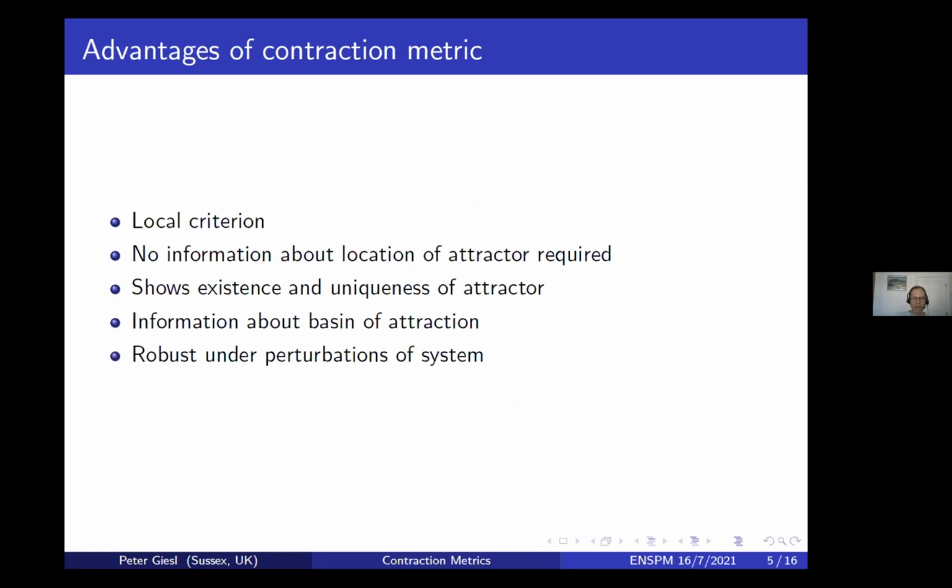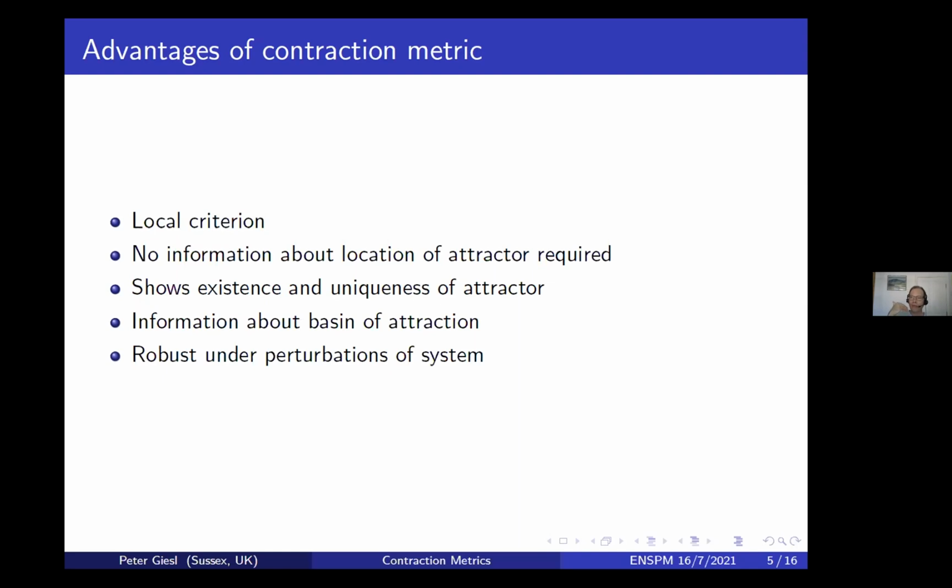Some advantages of this contraction metric are it will be a local differential criterion that we can check basically at every point in our phase space or in a subset. We don't actually need any information about the location of the equilibrium, which is our attractor here. So we can generalize all this from equilibria to periodic orbits and in some ways even to more general attractors. But today I'm just focusing on the attractor being an equilibrium point.